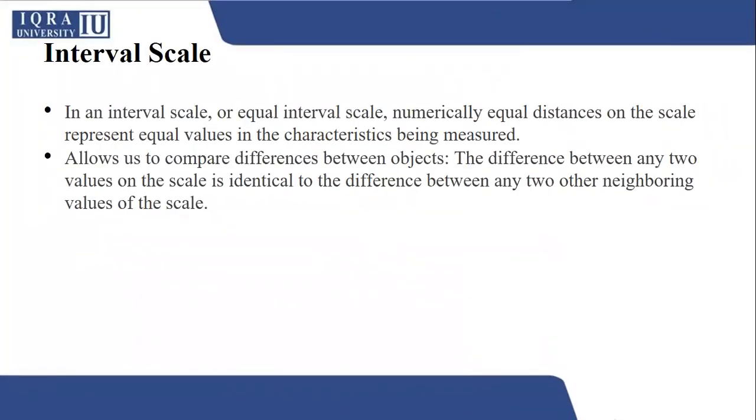What is an interval scale? An interval scale or an equal interval scale, numerically equal distances on the scale, represents equal value in the characteristic being measured. It allows us to compare differences between the objects. The difference between any two values on the scale is identical to the difference between any two other neighboring values of the scale.